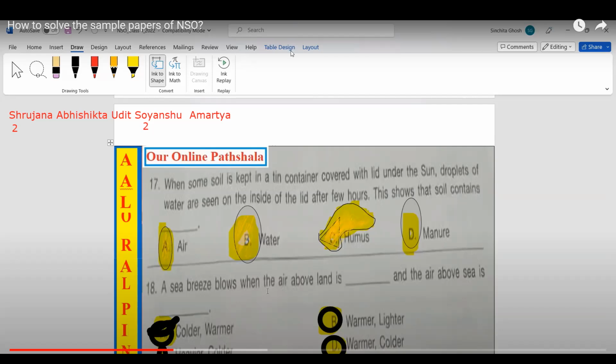Ma'am, if the soil is dry, there cannot be water. Yes, you are correct. If the soil is dry, there cannot be water. But if you give humus to the soil, beta, then the water droplets will be there.